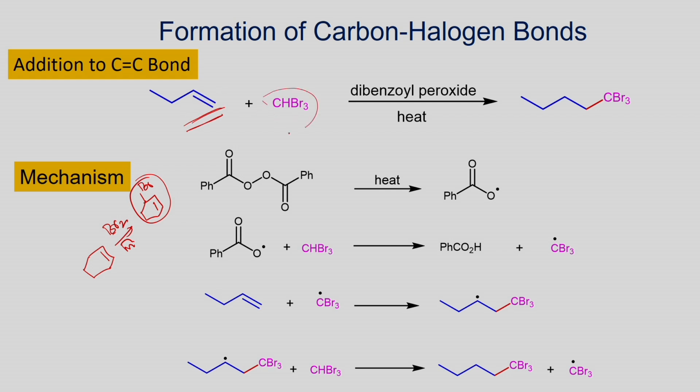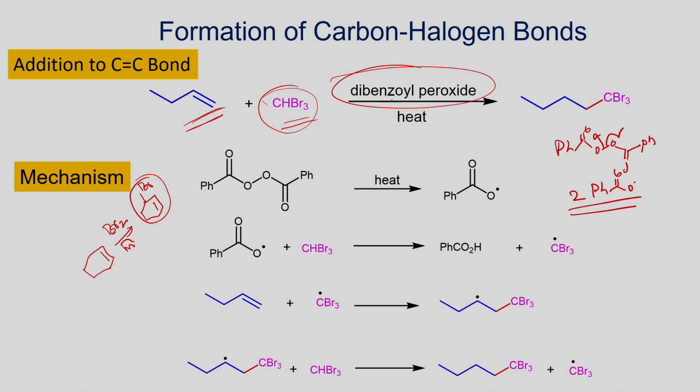When you react this alkene with tribromomethane in the presence of dibenzoyl peroxide, which when you heat it can undergo homolytic cleavage to give this radical.